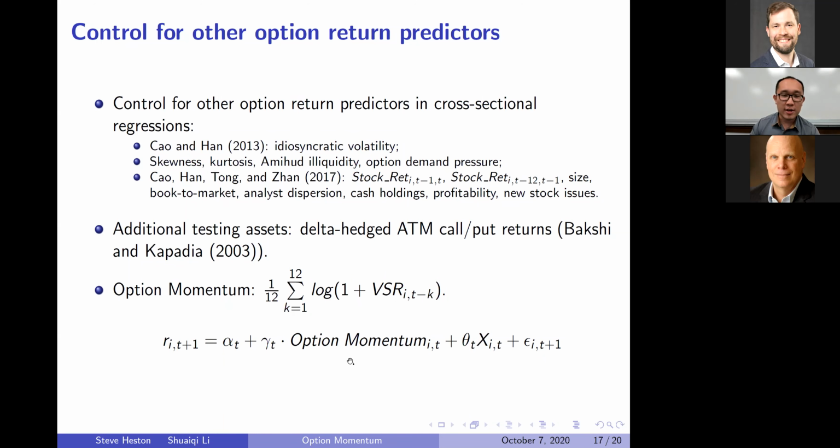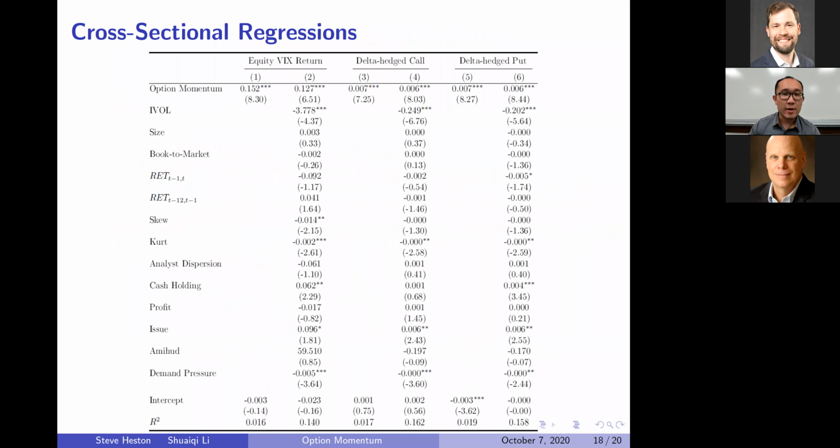And in this cross-sectional regression, we use option momentum to predict the 1 month ahead equity VIX returns. Okay. This table shows the coefficient estimates and the t-stats for each predictor. In column 1, we can see the option momentum positively predicts cross-sectional equity VIX return.